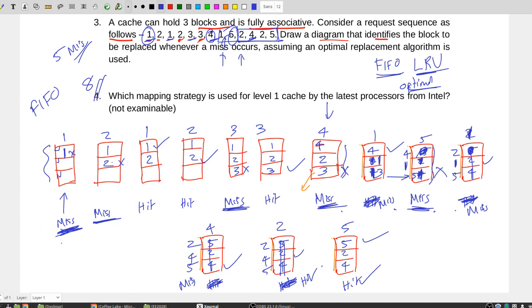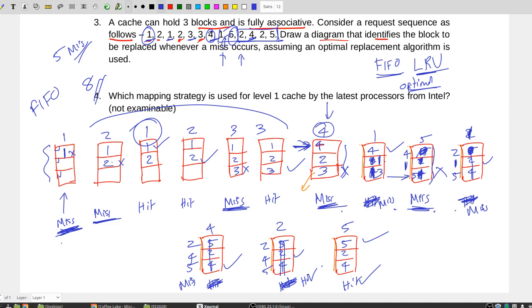Okay, you can also try with LRU. LRU is very simple. Whenever there is a decision to be made, you look at which one was recently accessed, right? Now there are a lot of other replacement algorithms that are used in practice, and one of those very frequently used is a frequency based approach.